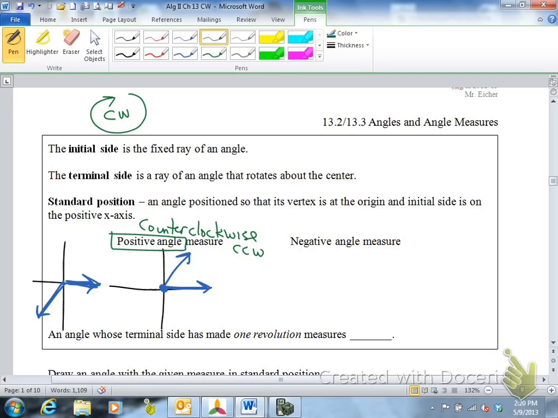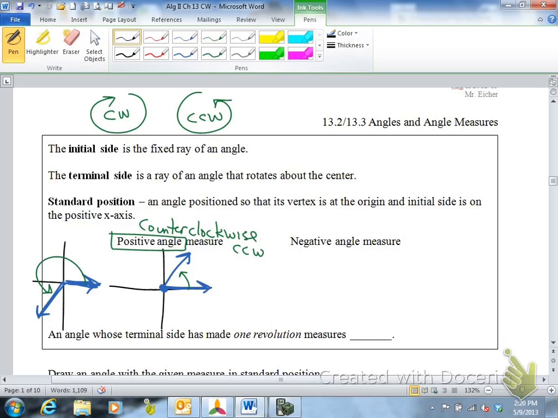Counterclockwise would be the other way, like that. So positive angle measures go counterclockwise. The way we show that is to draw an arrow. This arrow is going counterclockwise, so that's a positive angle measure.